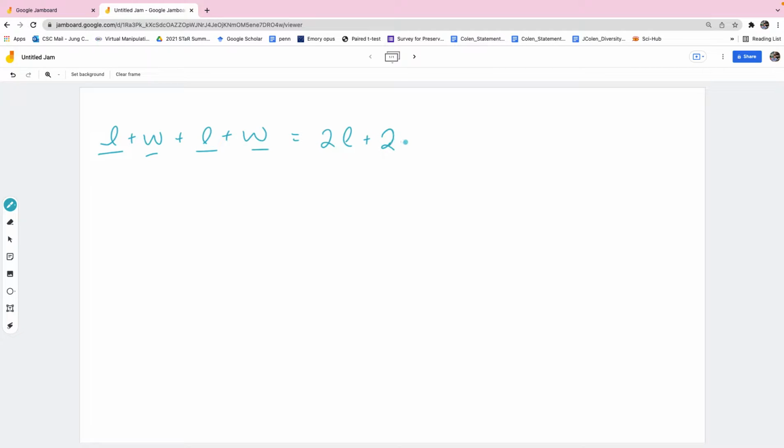You can write it this way, or you can factor 2 out: 2 times (L plus W). Either way, it's the same thing.